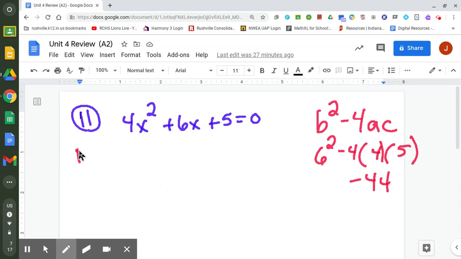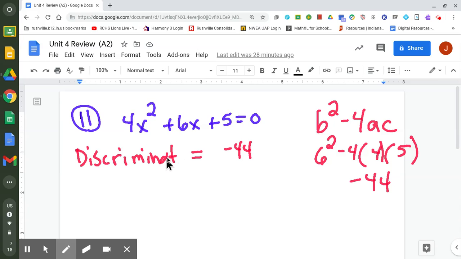So the discriminant equals negative 44. And then you might be asked a question like, how many real zeros are there?